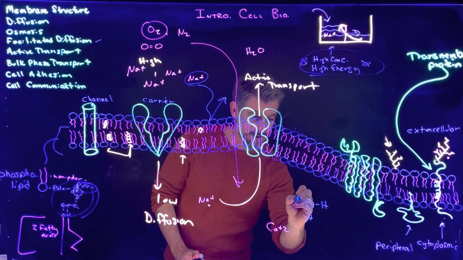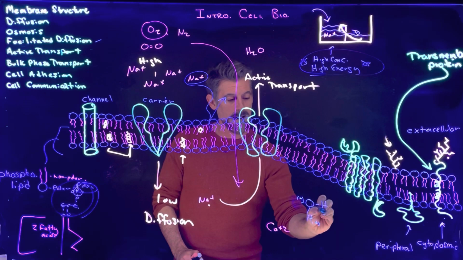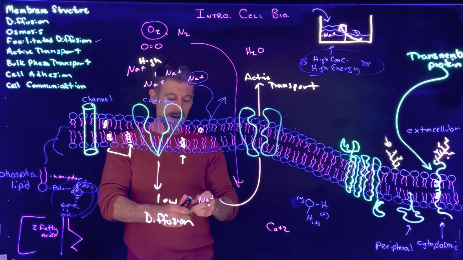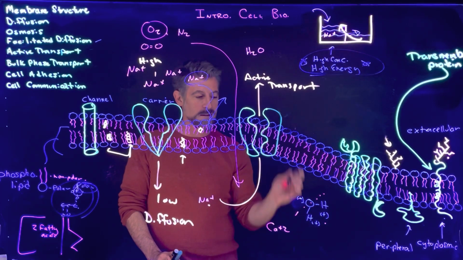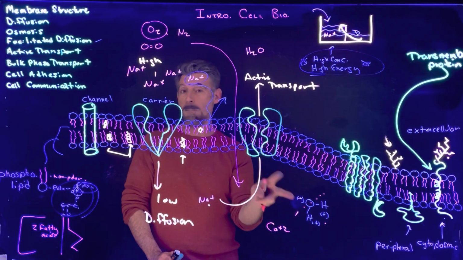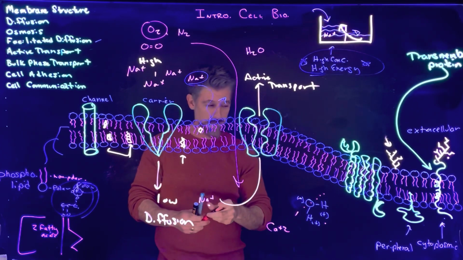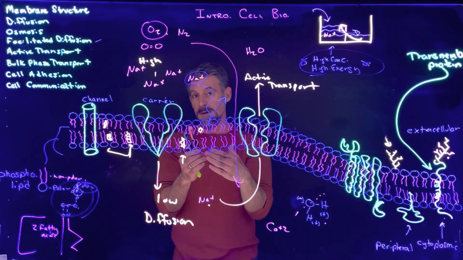So the oxygen side is partially negative in charge. The hydrogen sides are more positive in charge. So we kind of have 2 sides to this molecule. It is a polar molecule. Water is polar because of the unequal sharing of those electrons and because of the shape of it as well.